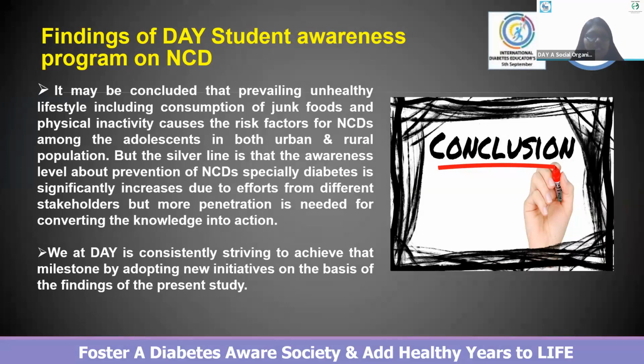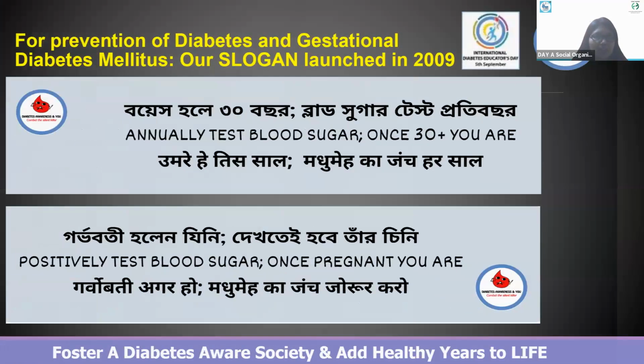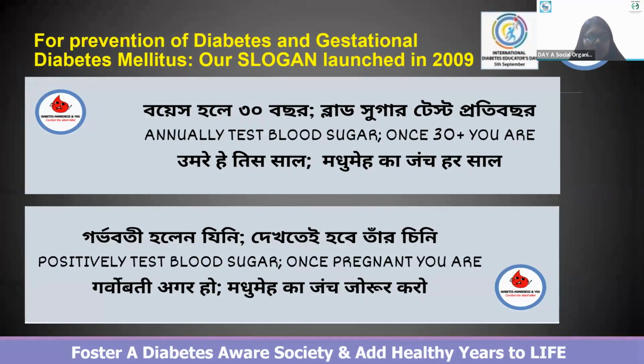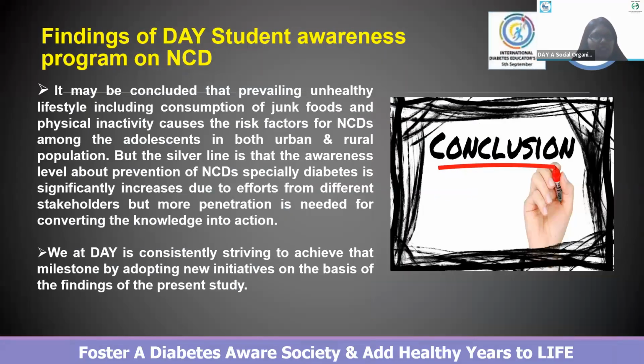As you know, NCDs not only affect urban or rural people; they affect any age, any kind of people, any group and any region. That doesn't matter. But the silver lining is that the awareness level about the prevention of NCDs, especially diabetes, has significantly increased due to the efforts of different stakeholders.